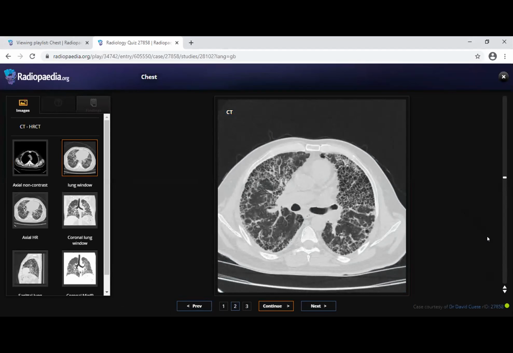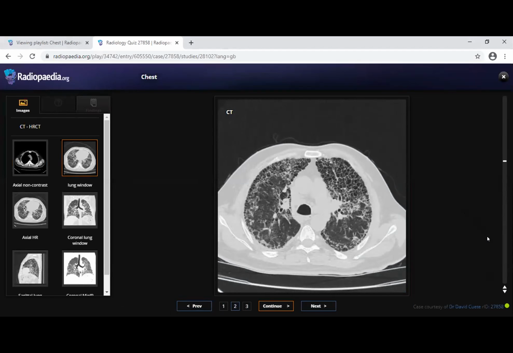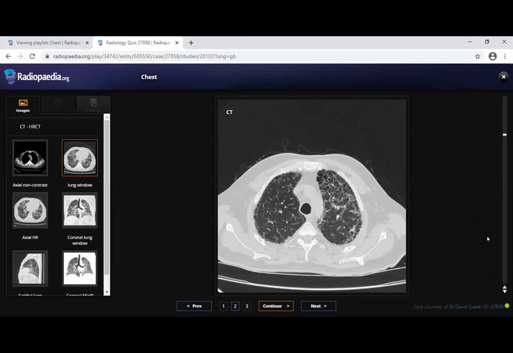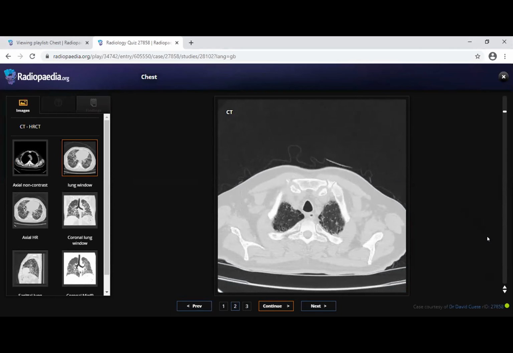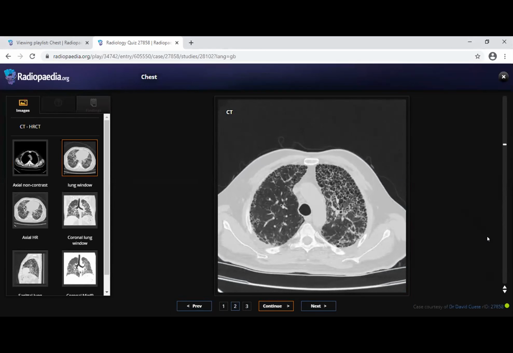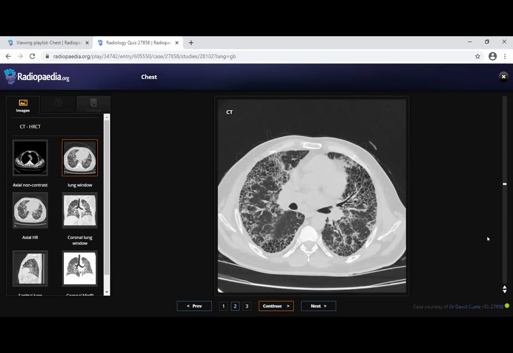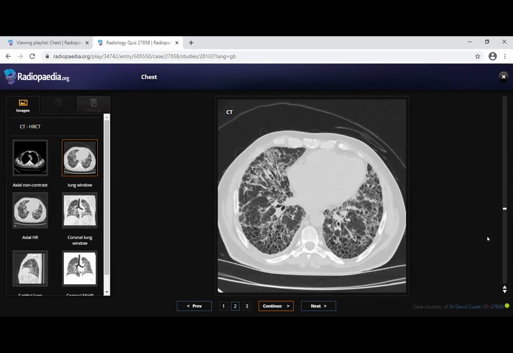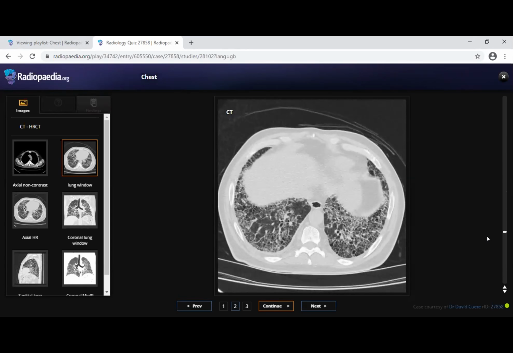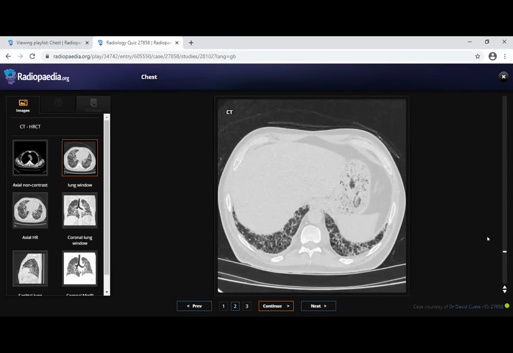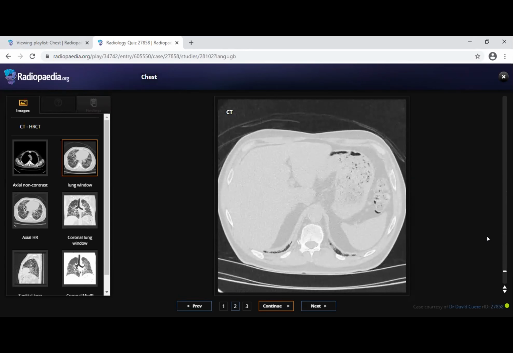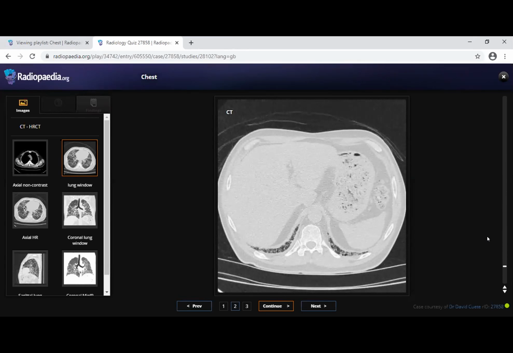There is bilateral, asymmetrical, interstitial reticular thickening, mainly subpleural with honeycomb cystic changes, mainly involving both lungs, predominantly the lower lobes. No evidence of pulmonary mass or suspicious nodule. The esophagus is mildly dilated.